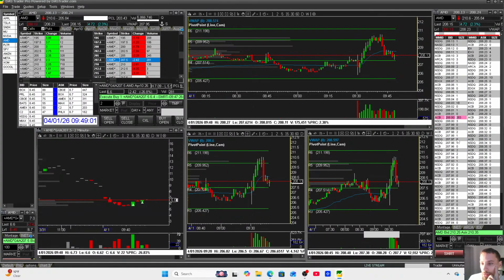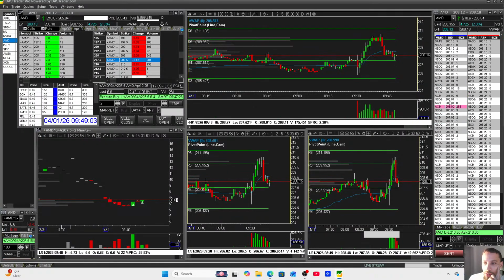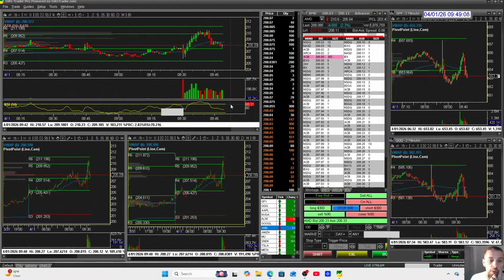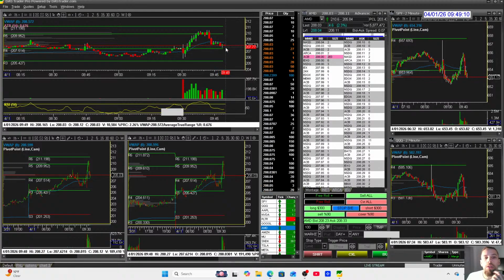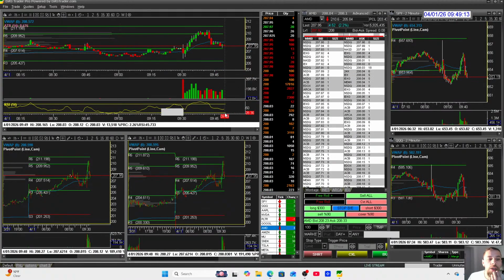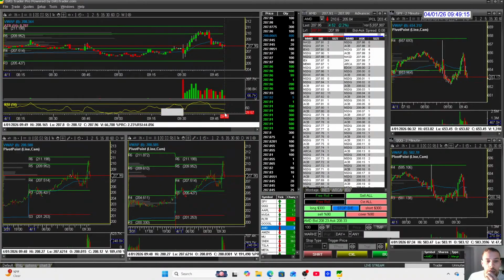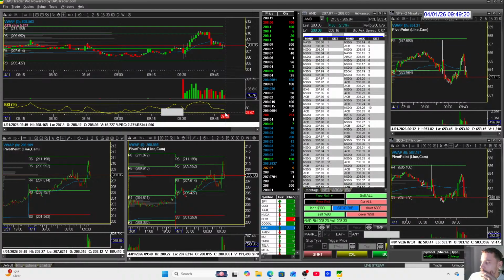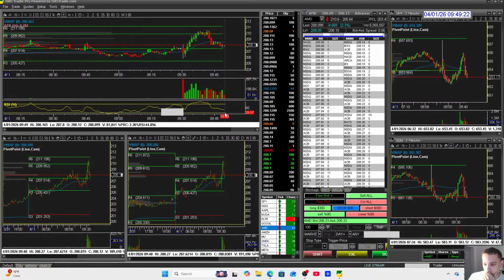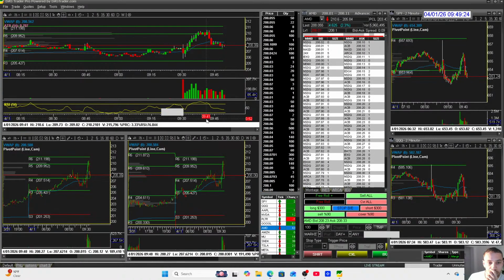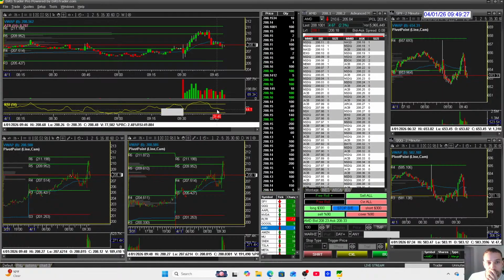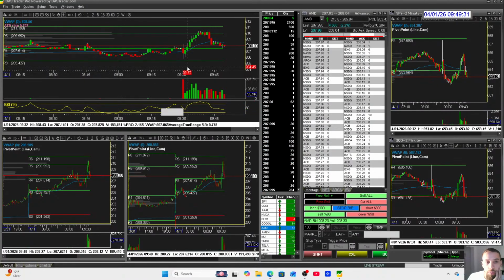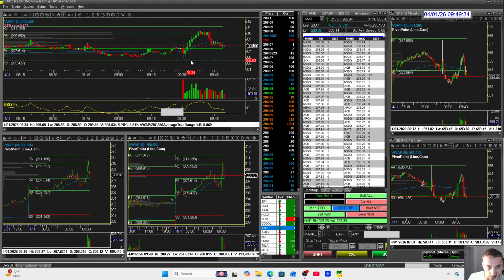Big bidder trying to liquidate their position here. You can see the pink on the tape. Again, we're not considered oversold yet. I want to see it get down to here before I close my position. Gonna try to maximize the profits here.